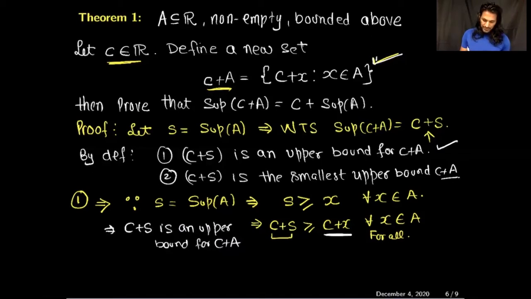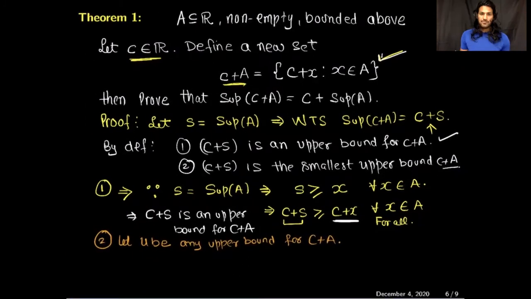Now the second part, let's prove the second assumption, that it is the smallest upper bound. In order to prove that C plus S is the smallest upper bound, I'm going to take any upper bound, U. I will pick one upper bound U, which is an arbitrary upper bound.